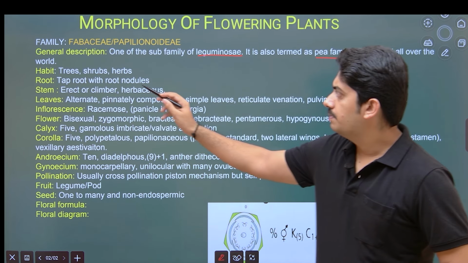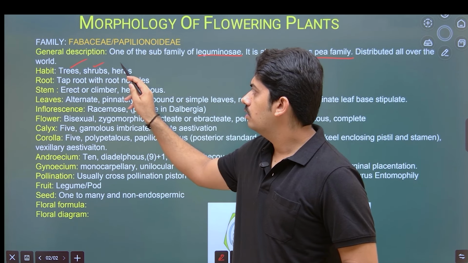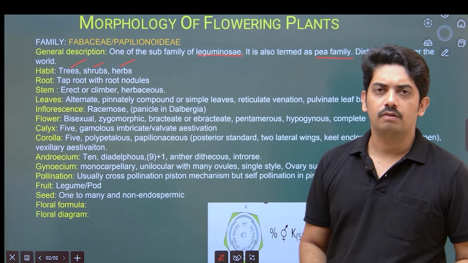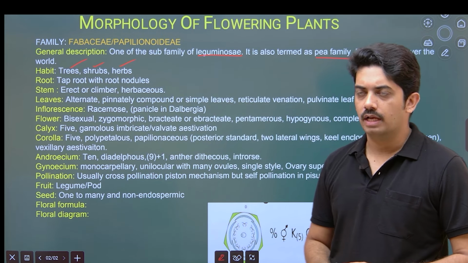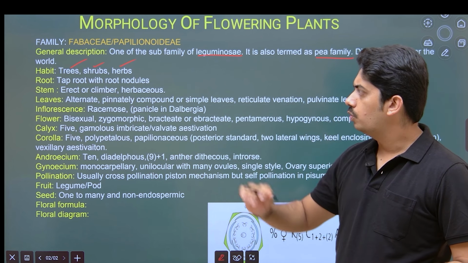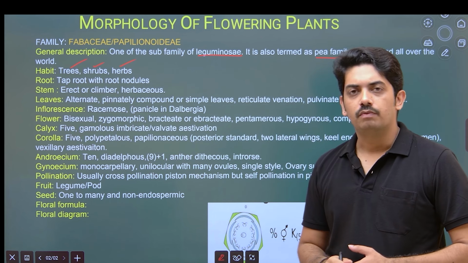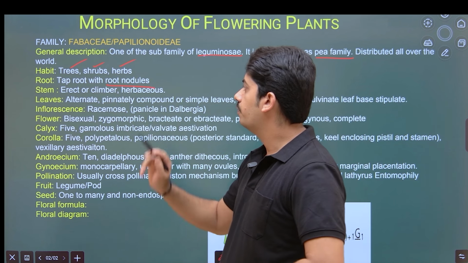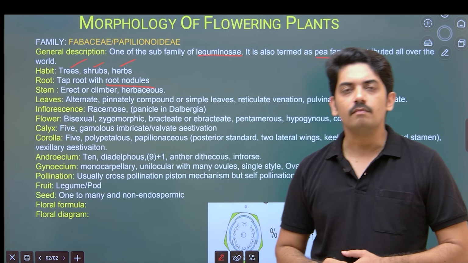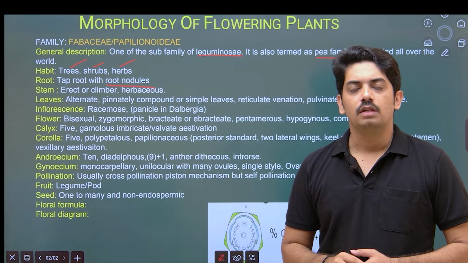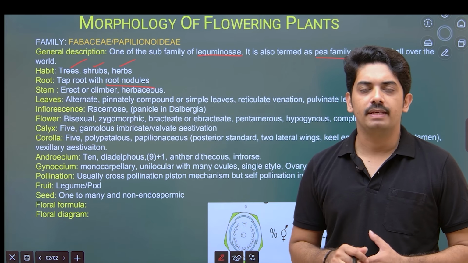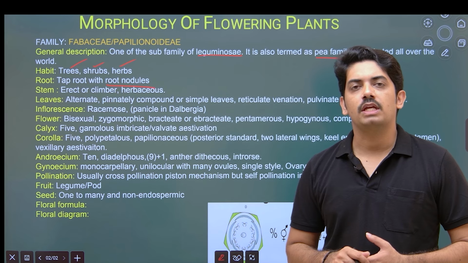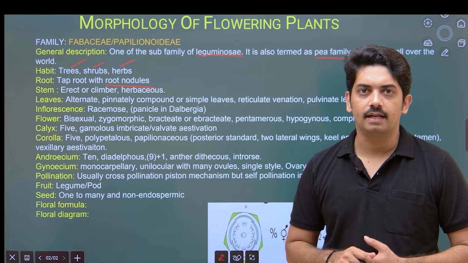Wherever you go, you observe one or the other members of the Fabaceae. Trees, shrubs and herbs. So all the category of habit is observed here. Root, tap roots with root nodules. This is very important character. Presence of root nodules. Here in the roots of the plants of Fabaceae, there is an association of Rhizobium bacteria.